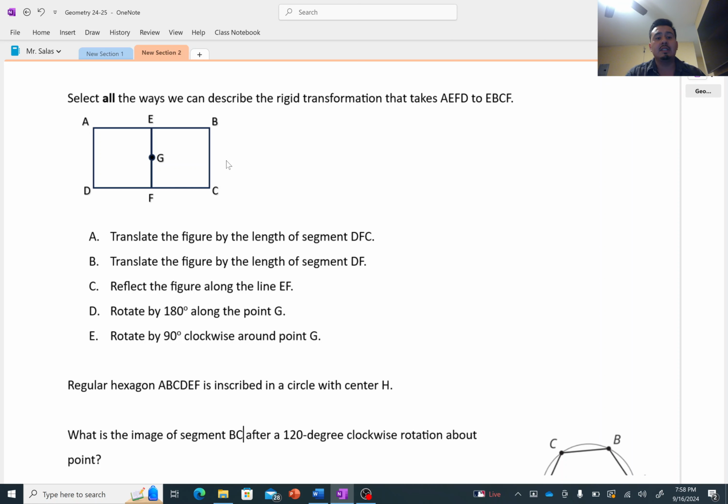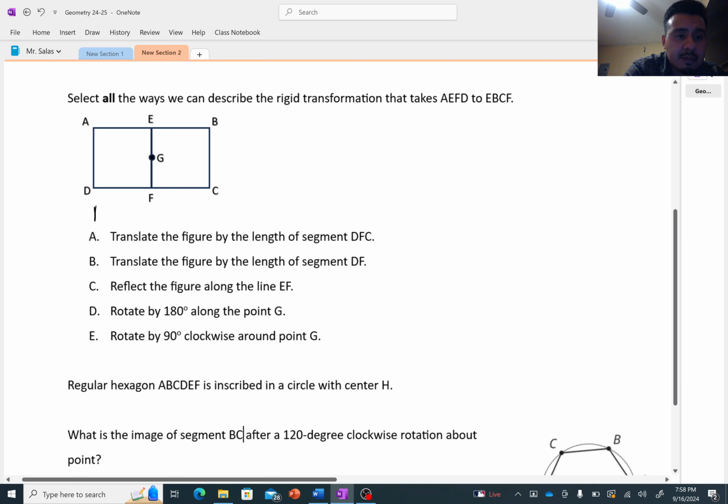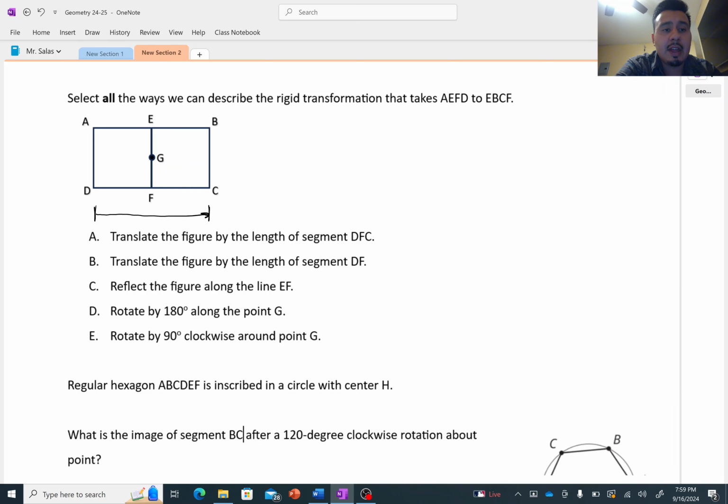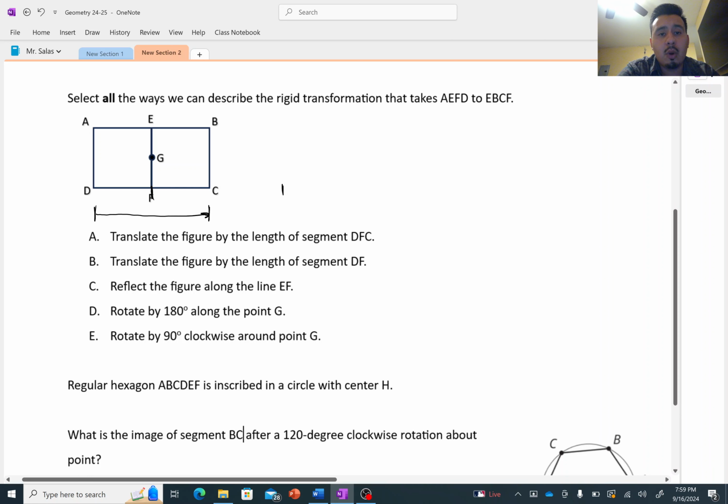The first option says, translate the figure by length segment DFC. So if you look at the mouse on the screen, DFC is actually this distance. So that's telling me I have to move my right square by that amount. If I move the right square by that amount, that means I'm going from here, because that's where one point is, to all the way over here.